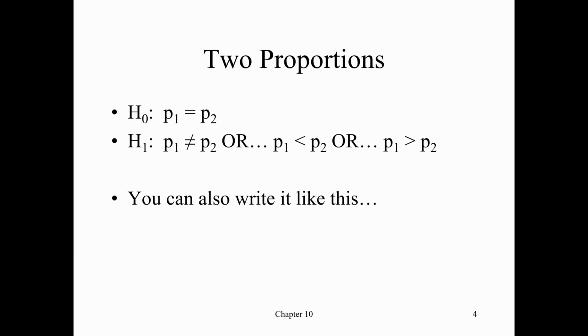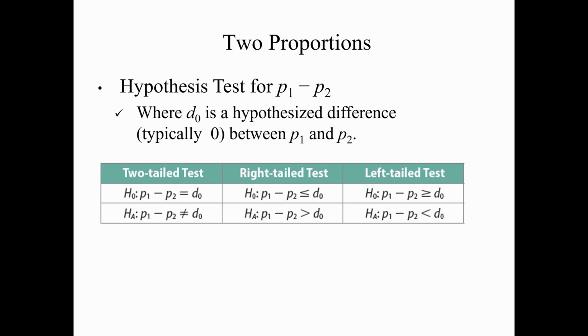Okay, another way you can write it, which you'll see in the book, is basically like this. Proportion 1 minus proportion 2 equals 0, or is less than 0, or is greater than 0. There's going to be no difference in the end result, and I think it's a little easier to think in terms of proportion of before is less than the proportion of after, or proportion of defects on the old machine is greater than the proportion of defects on the new machine.